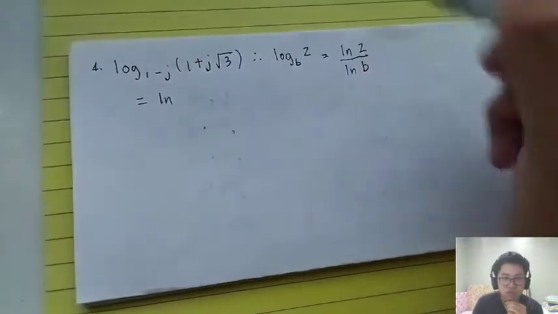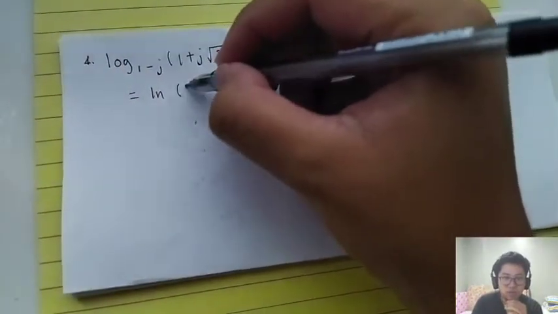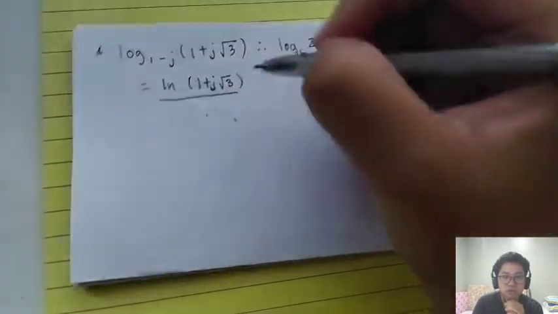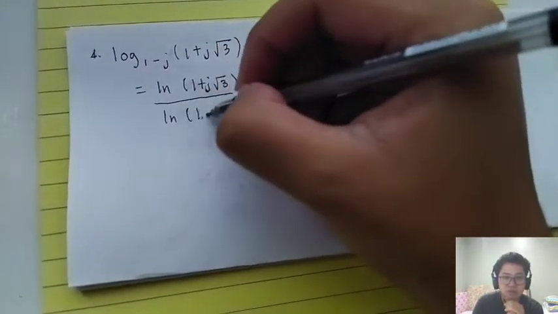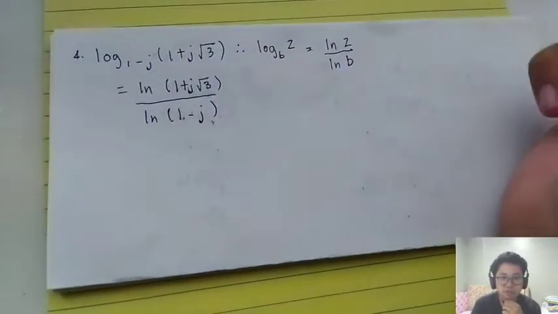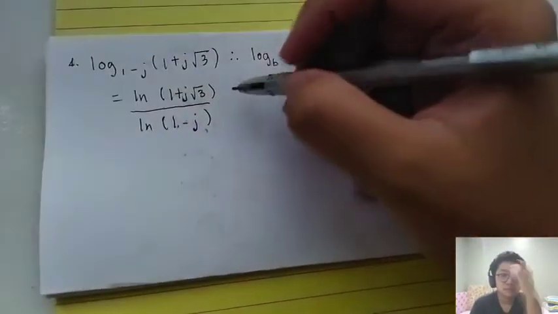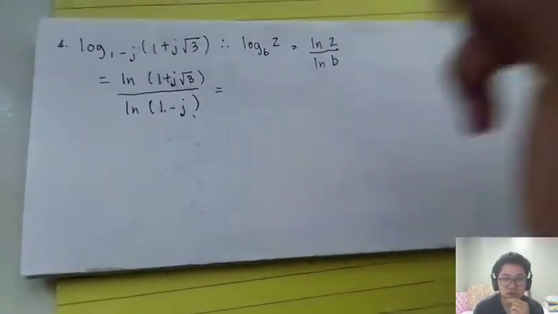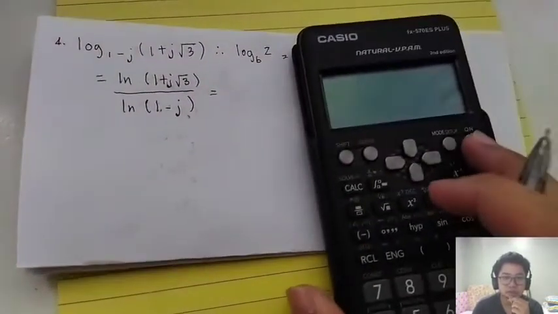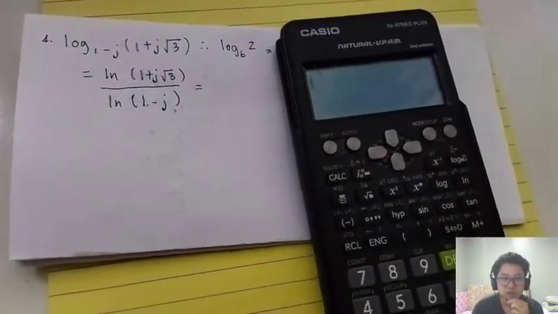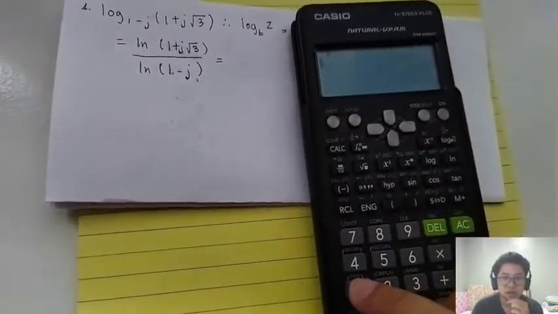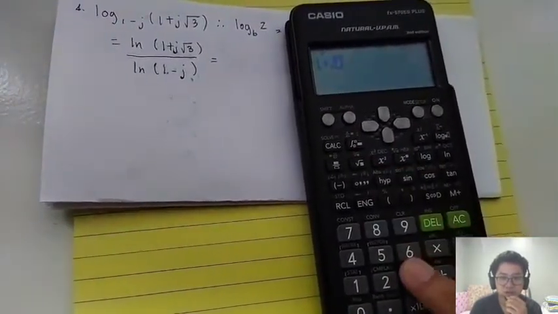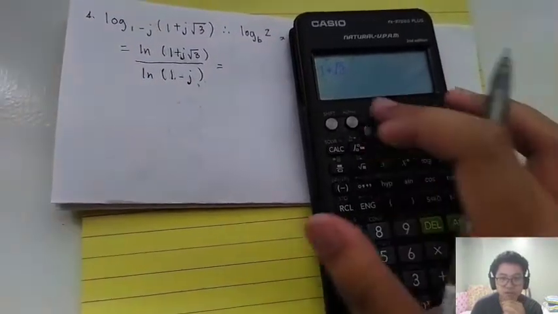Now we substitute, that is ln of 1 plus j square root of 3 over ln of 1 minus j, that is the base. Now we need to convert the numerator and denominator. We need to find the r and the theta, which is in radians. We can use a calculator to determine those values.